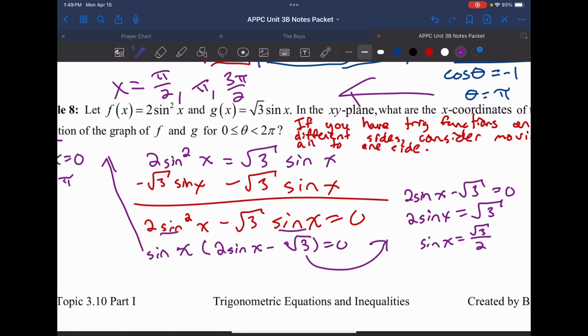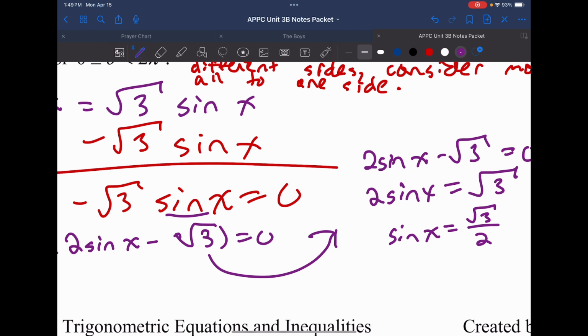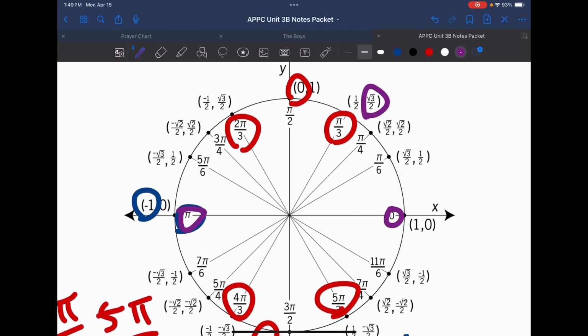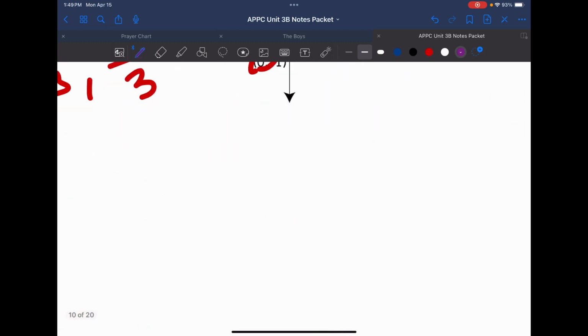And I get this. When is sine of x equal to positive square root of 3 over 2? Notice I did not do plus or minus there because I did not take the square root. You only do plus or minus when you take the square root. So I'm looking for positive square root of 3 over 2. I'm just going to circle that. Boom. And that's pi over 3 and 2 pi over 3.